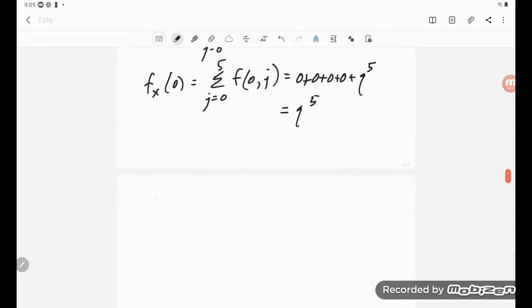And similarly, we could do f_X at 1. And this is the sum j equals 0 to 5 of f of 1, j, which again, f of 1, 0 is 0, f of 1, 1 is 0, f of 1, 2 is 0, f of 1, 3 is 0.